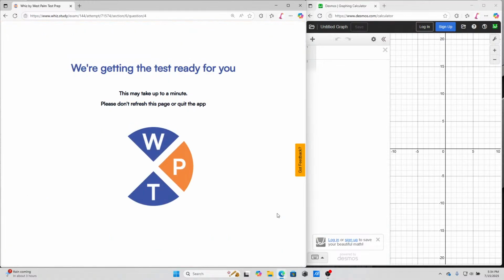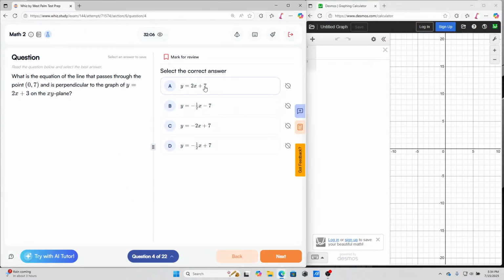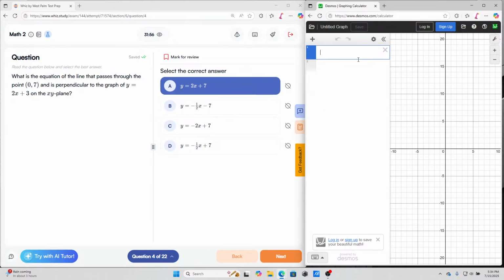So, let's actually finish this, guys. 0.07, pretty good. Okay, that's 7, so it passes through there. So that's good. Passes through there. And it's perpendicular.